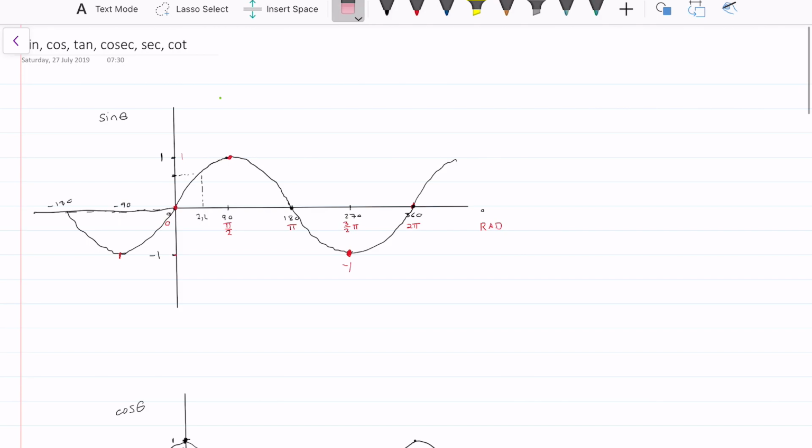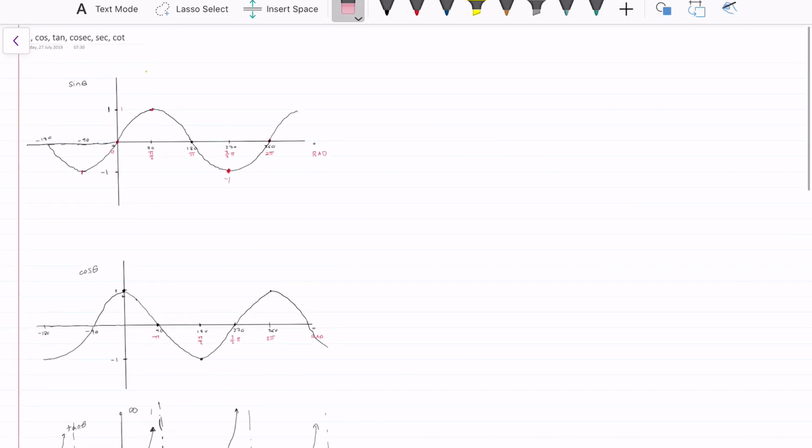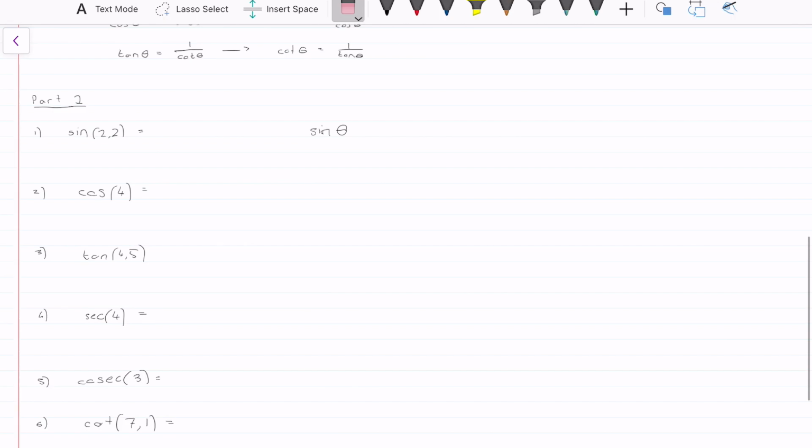So that's what all these questions are asking us. It's asking us to give the output, or the y-intercept. Let's get into these questions.